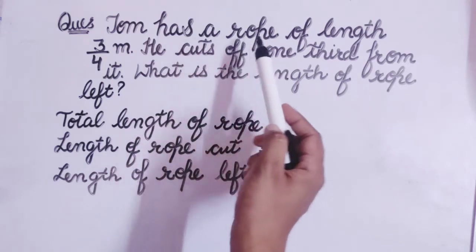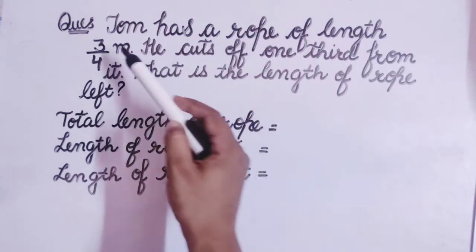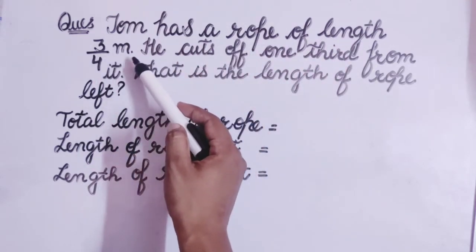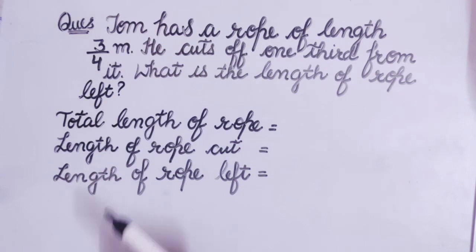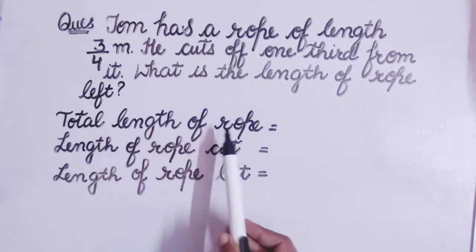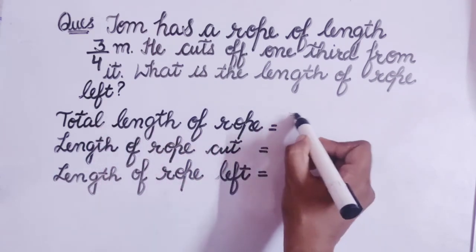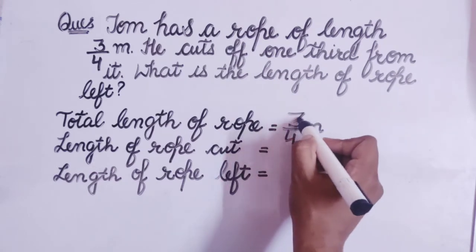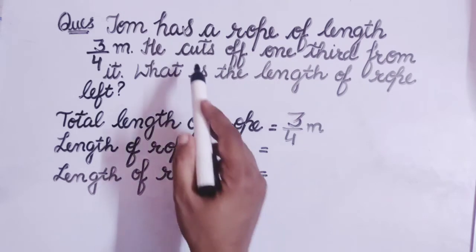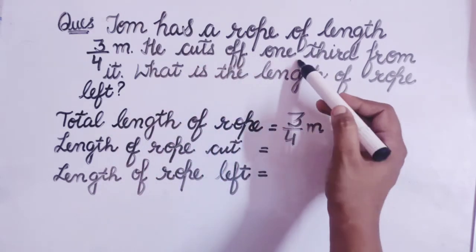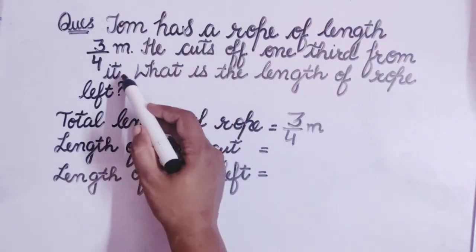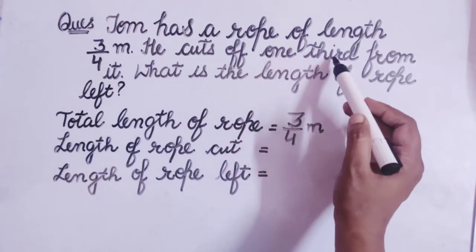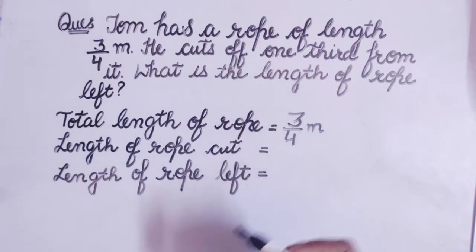Tom has a rope of length 3 by 4 meter. So we can say that, students, the total length of the rope is 3 by 4 meter. Now the question is saying he cuts off 1/3 from it. 1/3, how do we write 1/3, students? As 1 by 3.